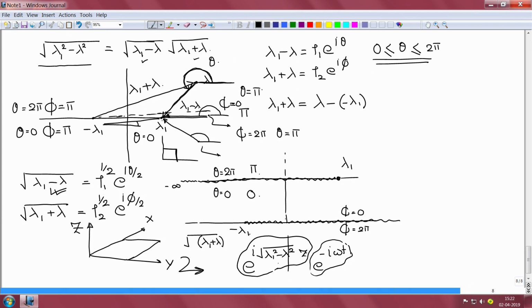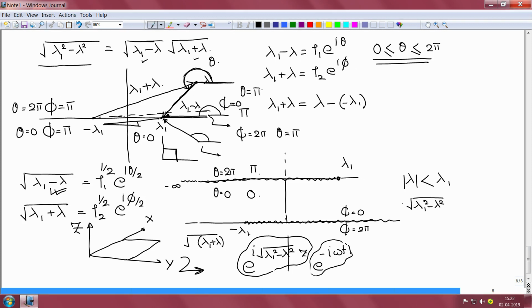Now, as long as the magnitude of lambda, which now takes complex values, is less than lambda 1, then square root of lambda 1 square minus lambda square is real.